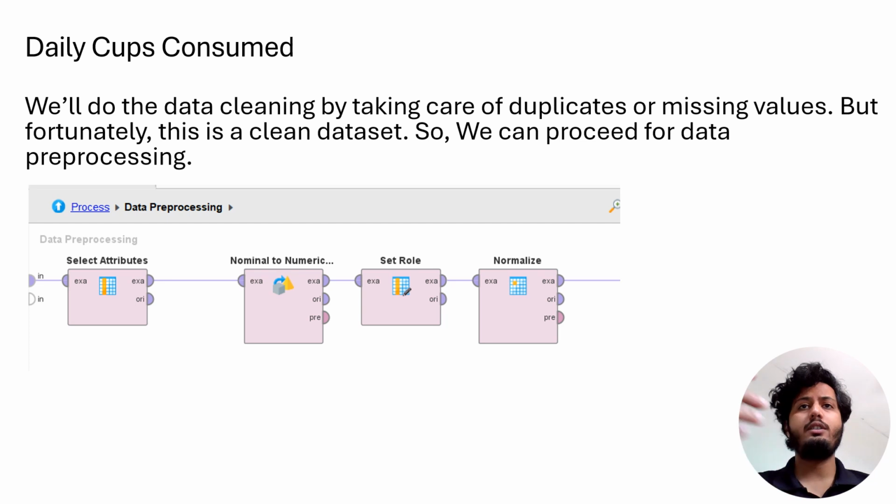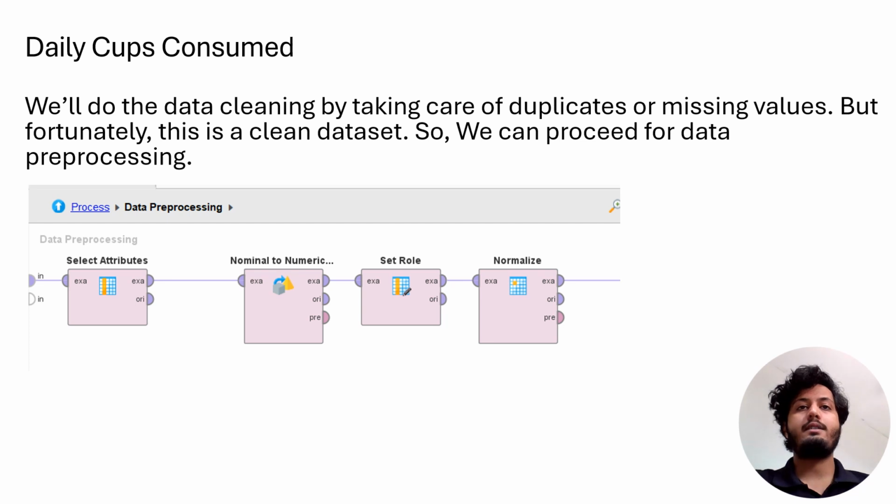For the data cleaning part, we didn't have to do much because it was already a clean dataset. That was a good part for me. So I directly moved on to data pre-processing, in which I selected relevant attributes that I thought would contribute to model building, and then I used the nominal to numeric operator to convert the categorical data into numeric.